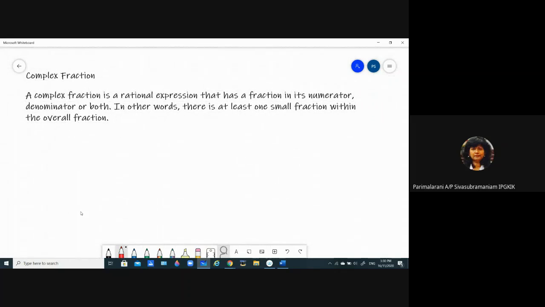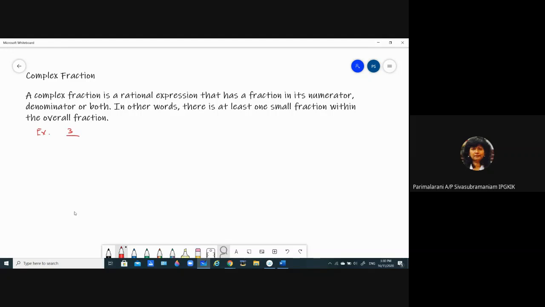A complex fraction is a rational expression that has a fraction in its numerator, denominator, or both. In other words, there is at least one small fraction within the overall fraction. You have a fraction inside a fraction. That's the complex fraction. So there are three types of complex fraction.